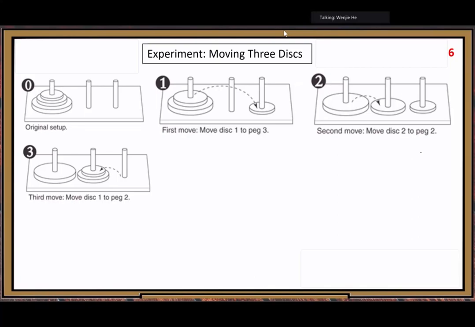We moved the top two disks from one peg to another peg, but only the top two disks, excluding the bottom disk. So at this point, we did something, but what did we do? We need to describe it.